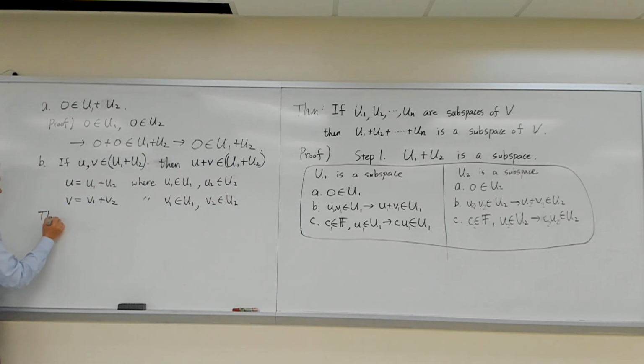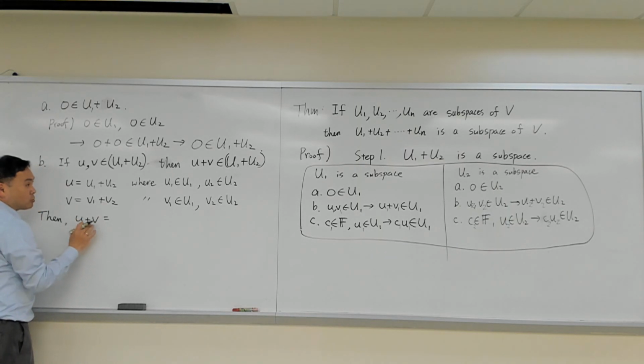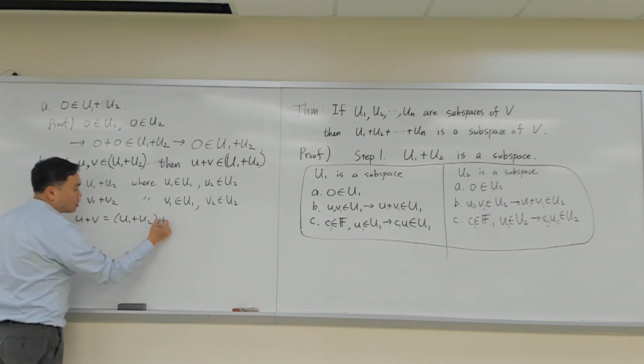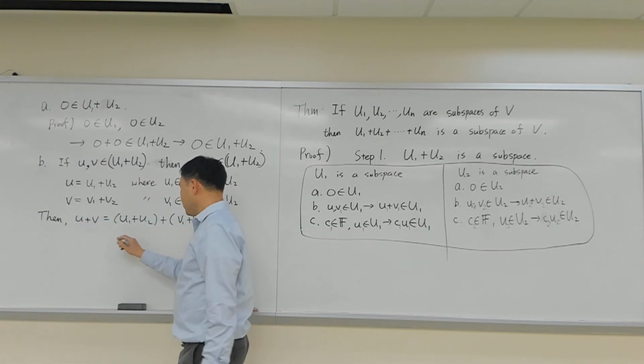Then, what is U plus V? See, only because I've written this down explicitly, what it means to be in here, now I can just confidently make use of this, see what kind of conclusion we can get, okay? And the conclusion we can get is that U plus V is equal to U1 plus U2 plus V1 plus V2. Okay.